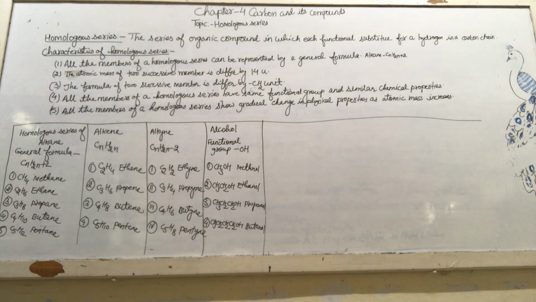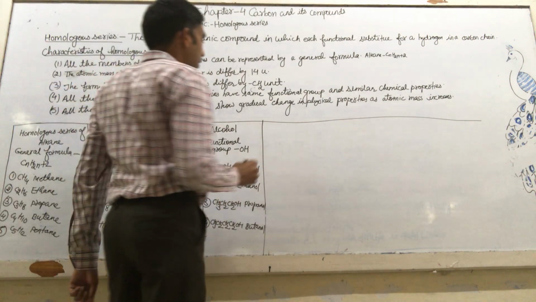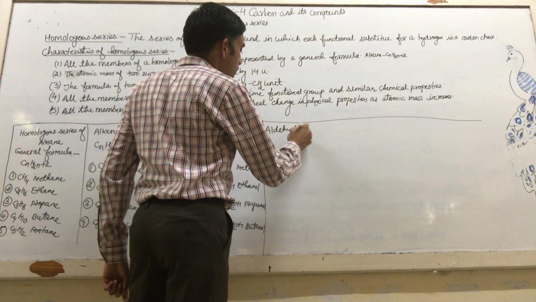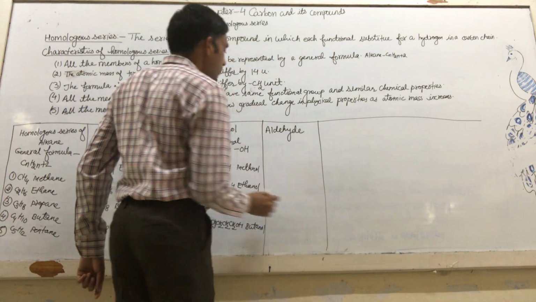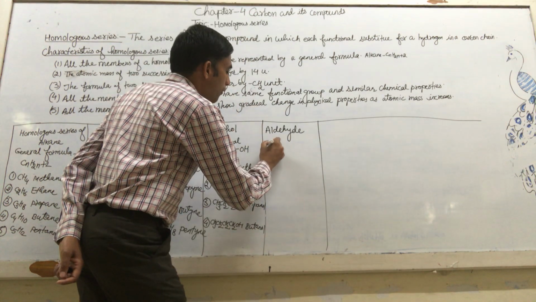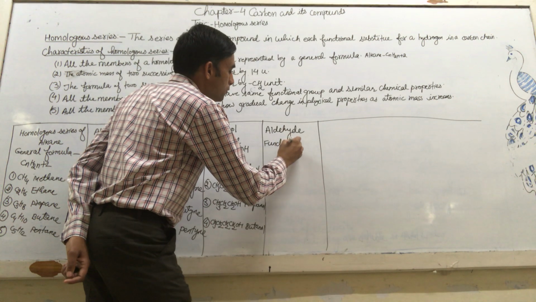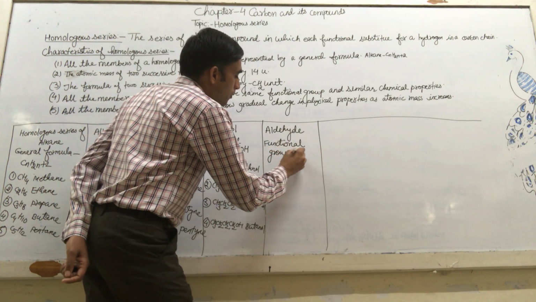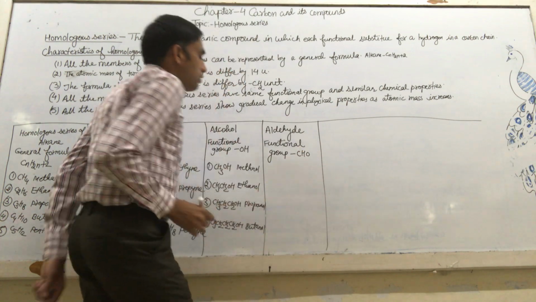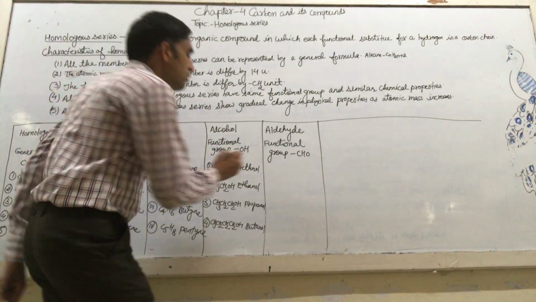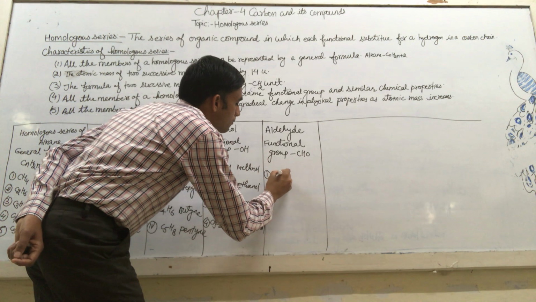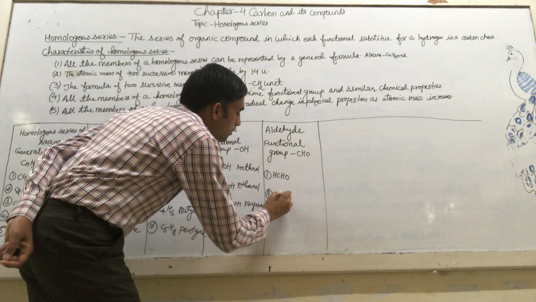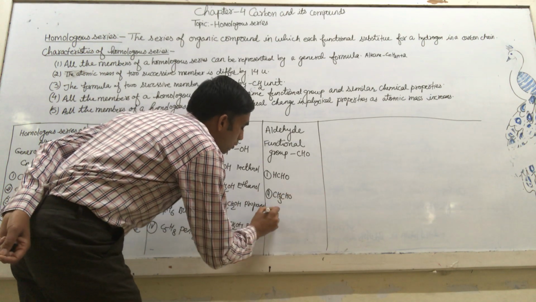Next series, that is aldehyde. The functional group of aldehyde is CHO. So the first member is HCHO. The second member is CH3CHO.